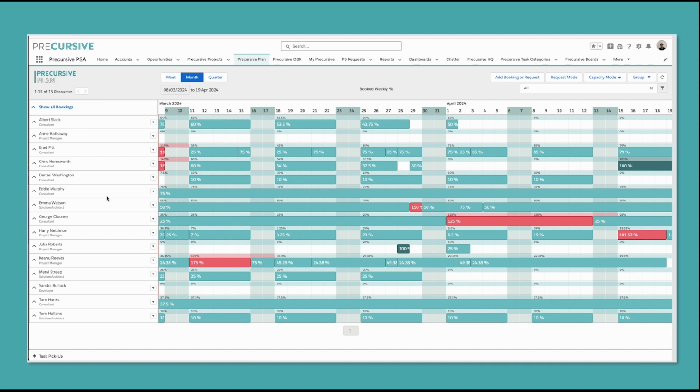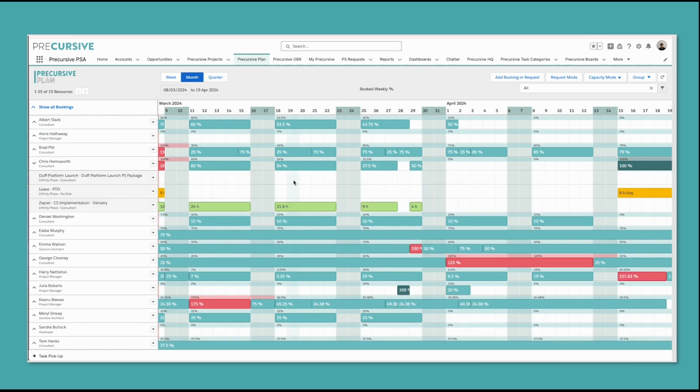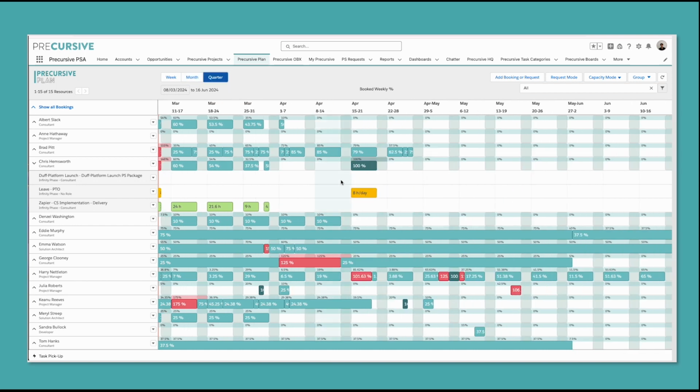So for example, we've got our different team members here. Let's say we've got a consultant who we're looking to bring on and develop. We can see here Chris, he's got a lot of different certifications. He's got a thirst for learning, shall we say. So let's look at how we could schedule in some training between now and June.